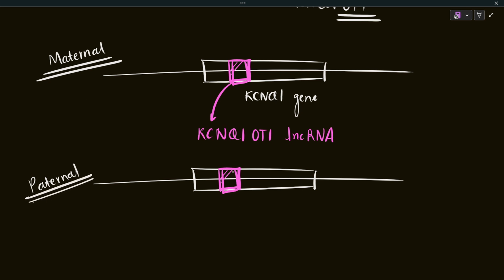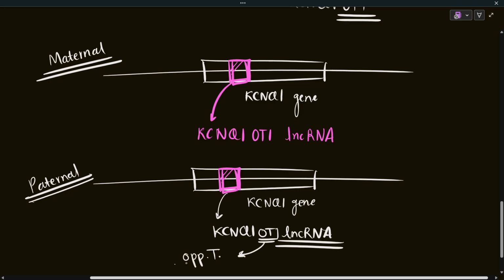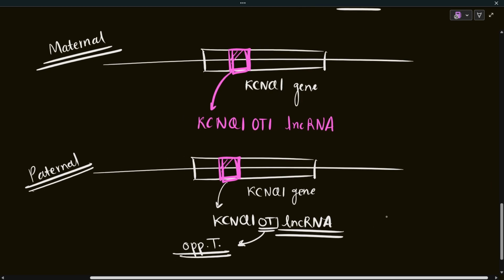Both of them will have the KCNQ1 gene, which has the KCNQ1OT1 long non-coding RNA. The intronic region which is going to code for this long non-coding RNA, we call that OT1 because it is opposite transcript, meaning this transcript is transcribed from the antisense strand of the DNA.